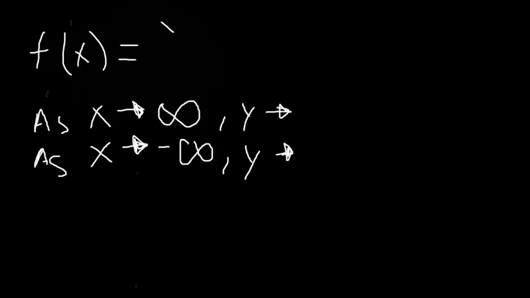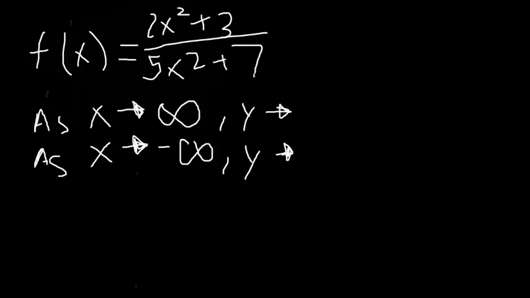For example, let's put some coefficients in here: 2x squared plus 3 over 5x squared plus 7, so the degree is the same on both. 2 equals 2, the degrees are the same.